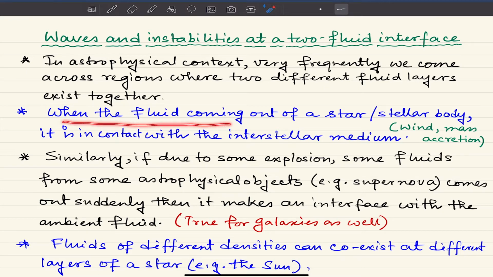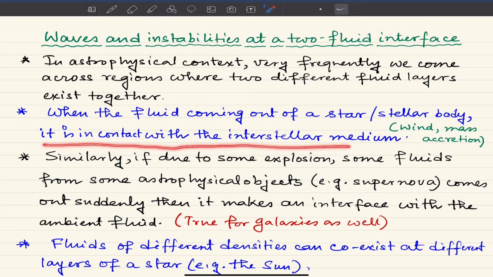When fluid comes out of a star or stellar body, for example as a stellar wind or during mass accretion from a less dense star to a compact star, that fluid is in contact with the interstellar medium. That makes another possibility of a two fluid interface.